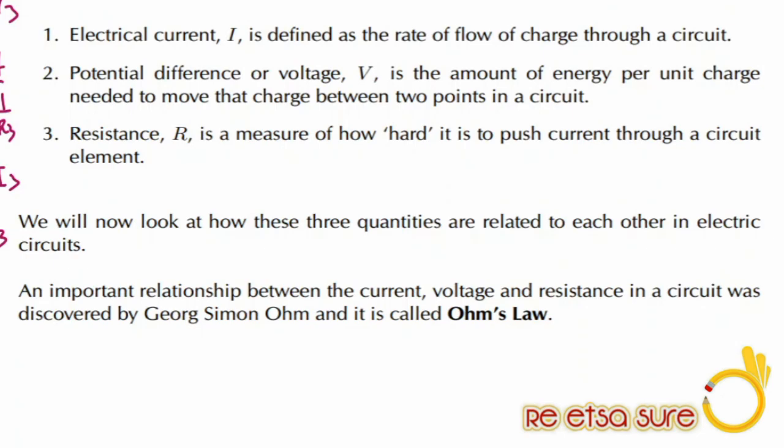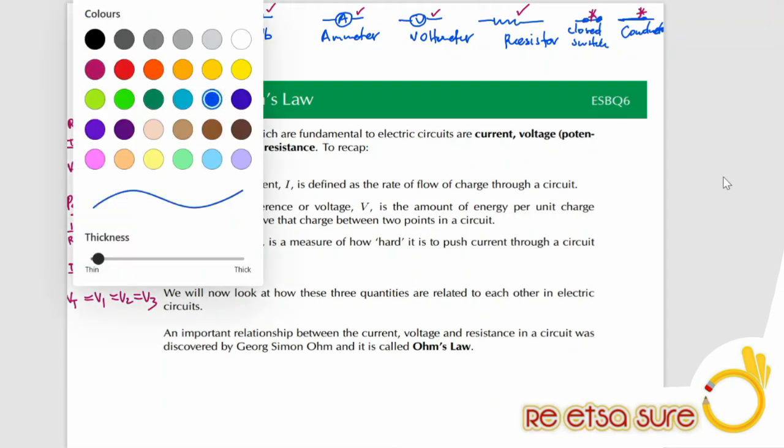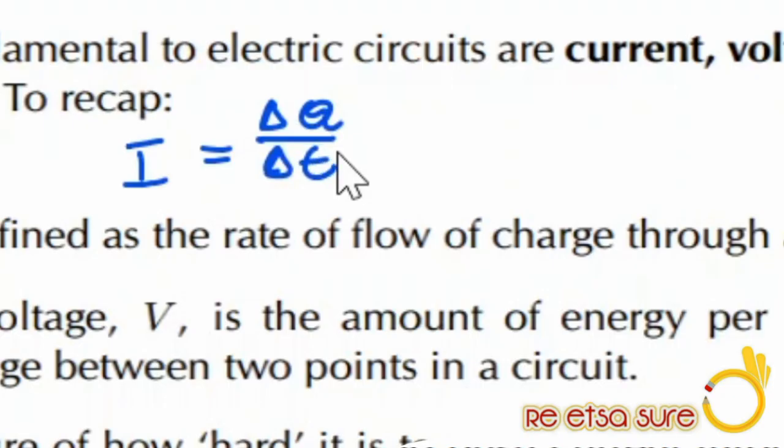Electrical current is defined as the rate of flow of charge through a circuit. Remember that we have this formula that says I is equal to delta Q all over delta T. This is the equation that we'll be using to determine the current that is flowing throughout our circuit.